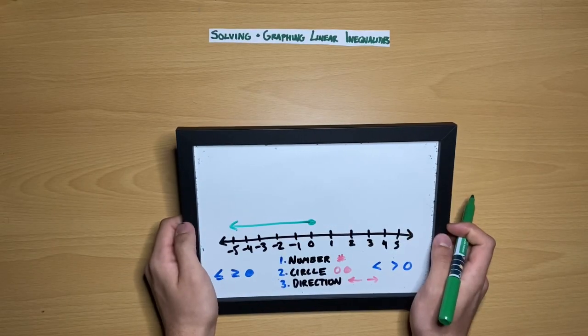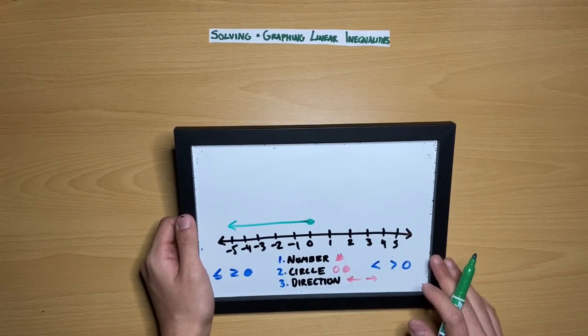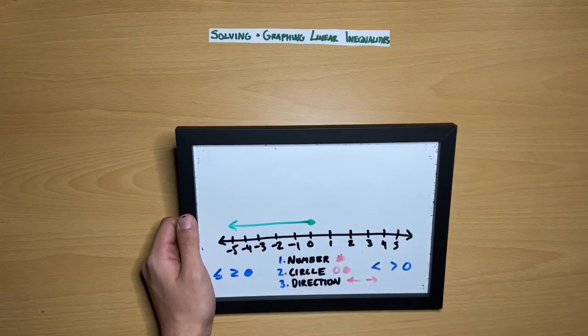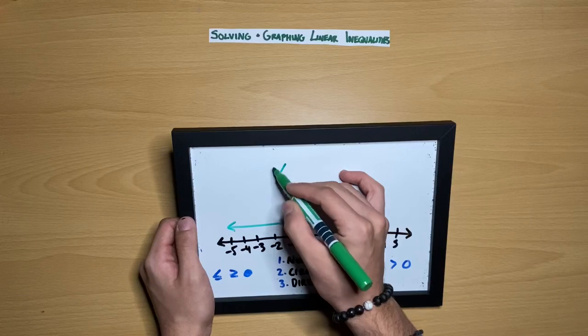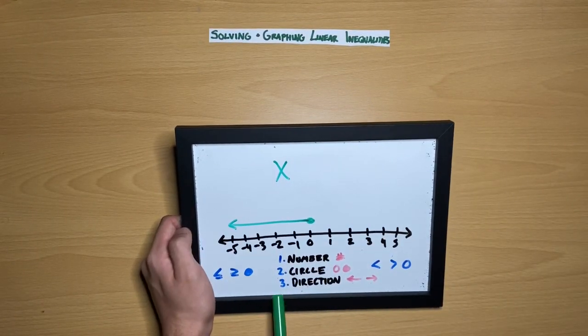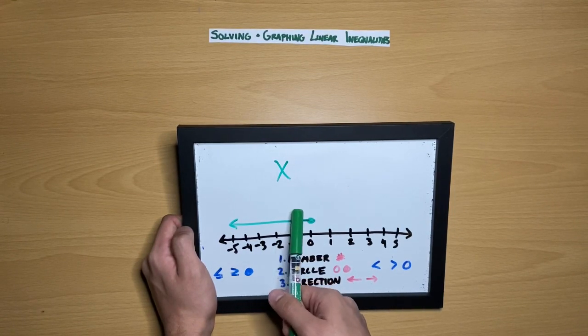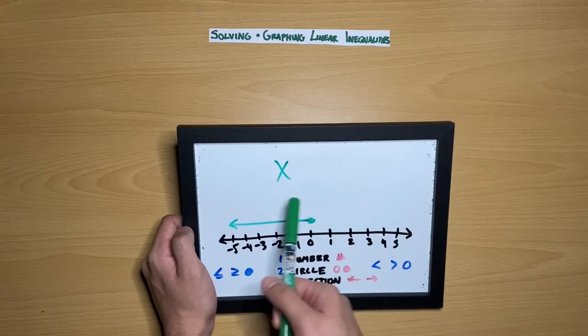Here we have another example where we have the graph on the number line, and then we're trying to find the solution to represent that algebraically. So as always, we put that x first. X is just going to represent the solution set, and then we work backwards. We have x. The arrow's pointing to the left, so it's everything that's smaller.